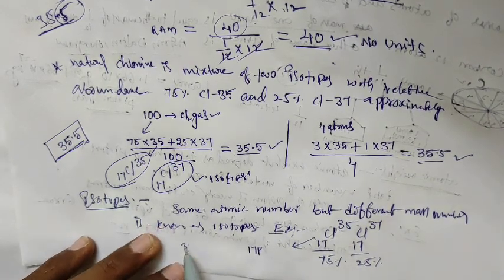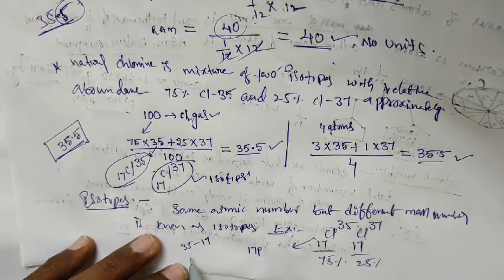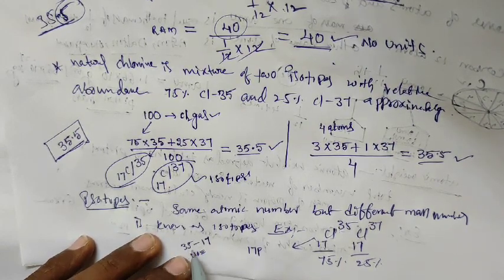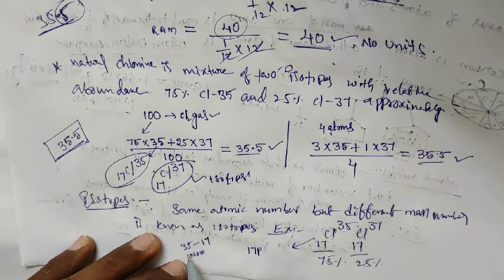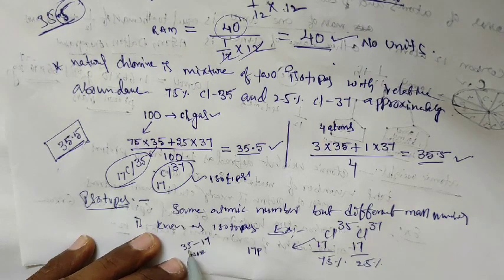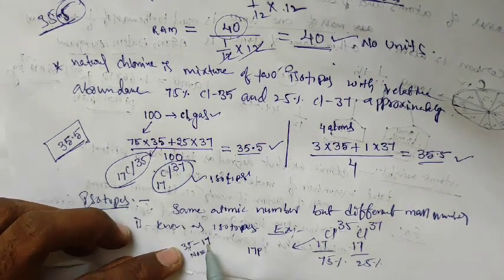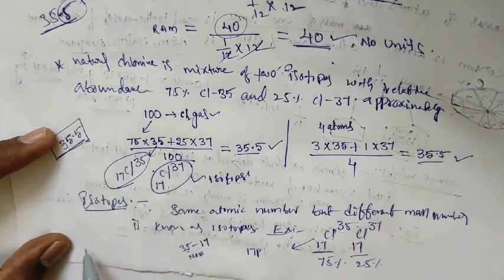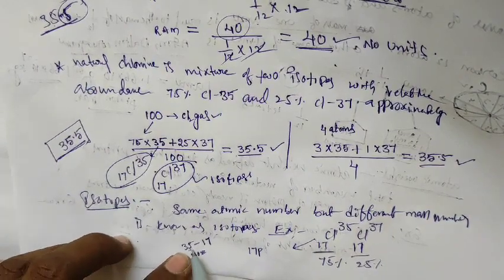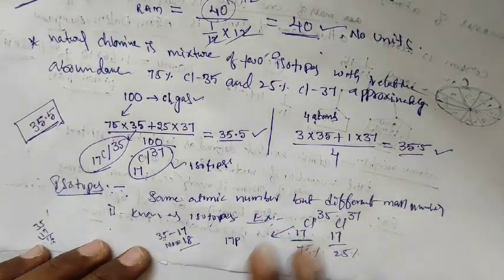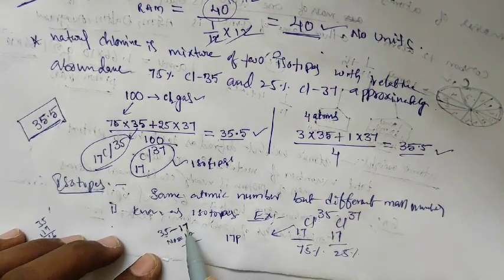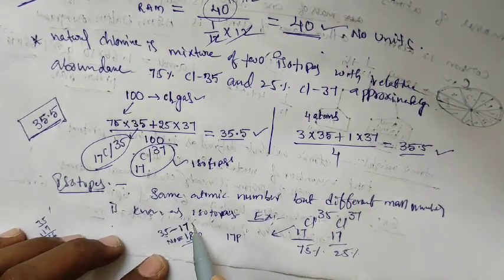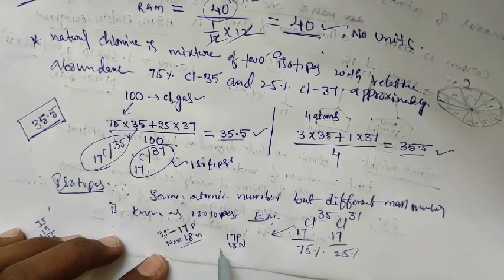Mass number minus atomic number gives the number of neutrons. Here 35 minus 17, 18 neutrons and 17 protons.